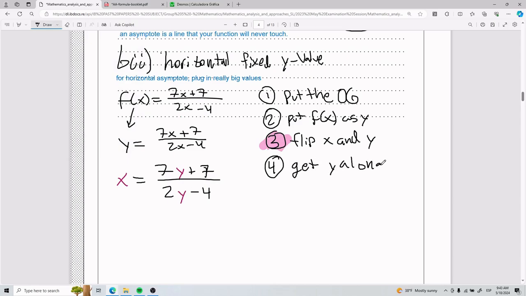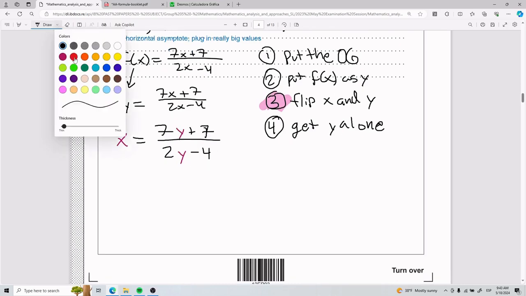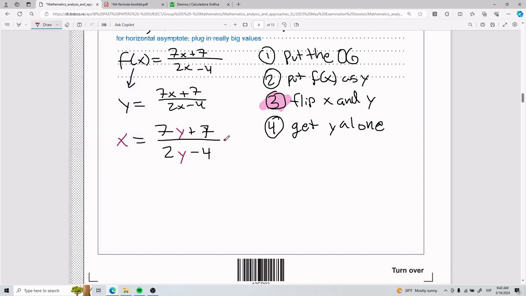Okay? So if you get y alone from here, because it's a fraction, I highly suggest that you multiply both sides like this. And so this first step of multiplying is usually going to be like that. So on the left side, you end up with 2yx minus 4x equals 7y plus 7.